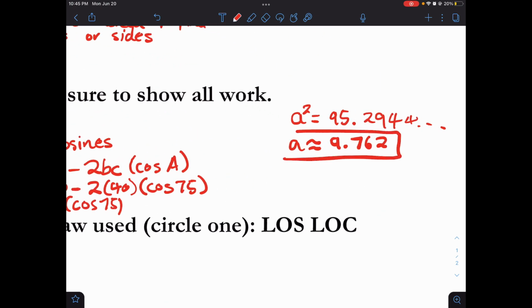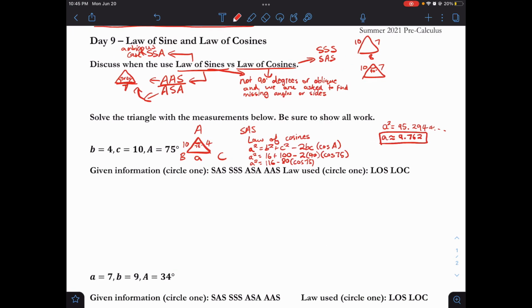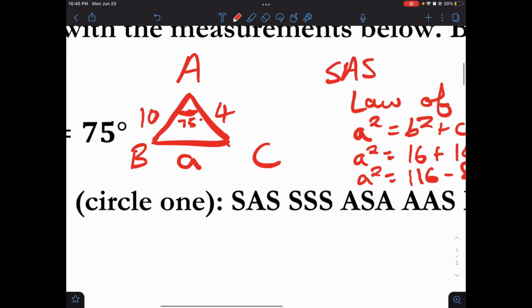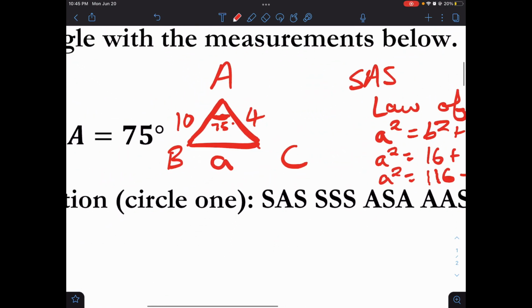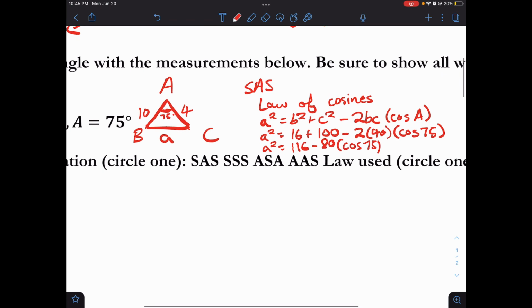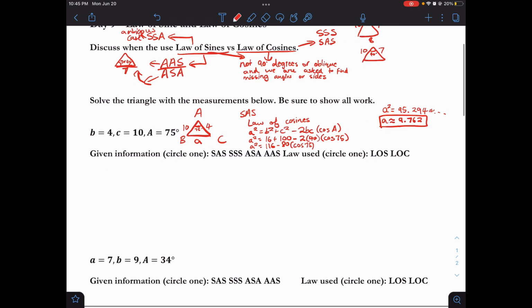Right, now that we have a, we can figure out all of this triangle, because now we have side, side, side, meaning we can figure out the angles. So let me shorten all of this work.